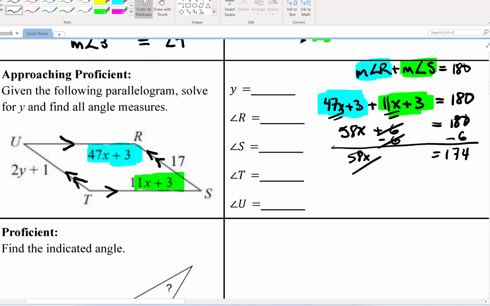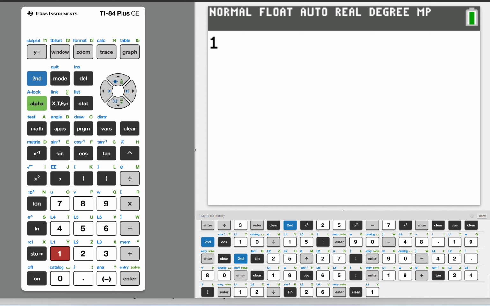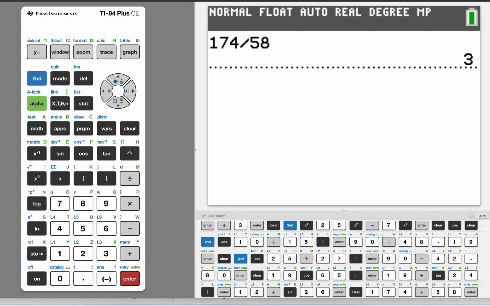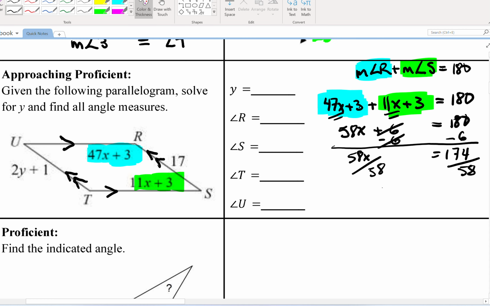Then I can divide both sides by 58. 174 divided by 58 is 3. So that gives us that x is equal to 3.